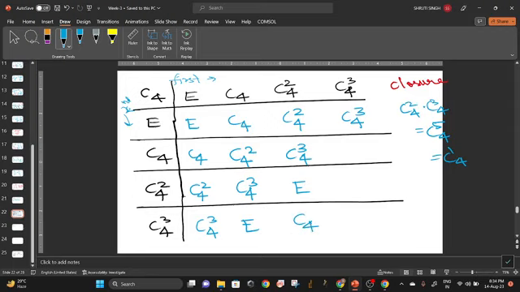Now this one E, this is again C4, and this one C4 square, C4 square. So this is a cyclic group. You can see the elements are also coming one by one in the diagonal. C4 cube, C4 cube, C4 cube. So this is a signature of the cyclic group.